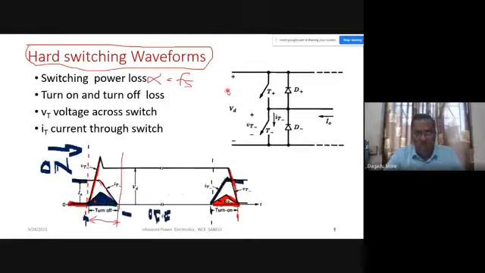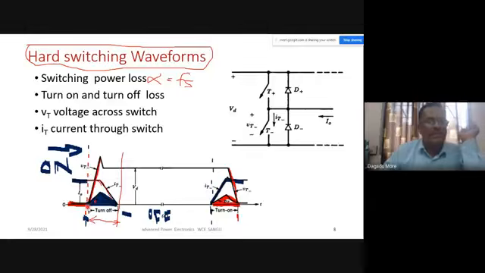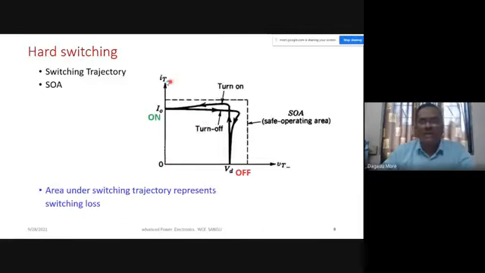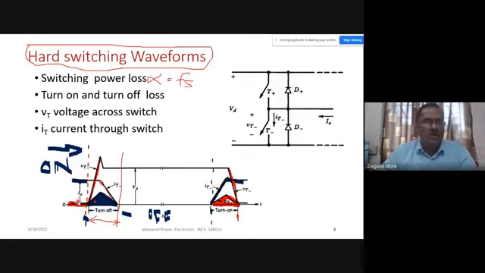Before going to that, whenever this is taking place, when the device is on, the voltage will be 0 and current will be maximum. The voltage across the switch, VT, is 0 and current is maximum.